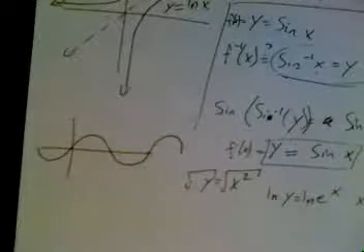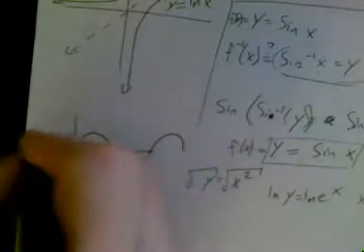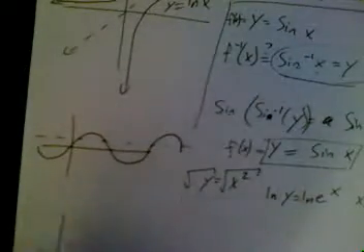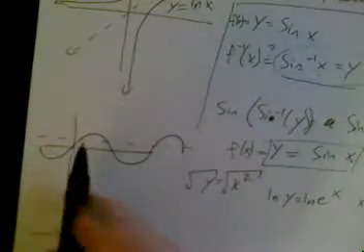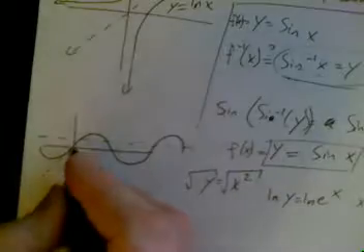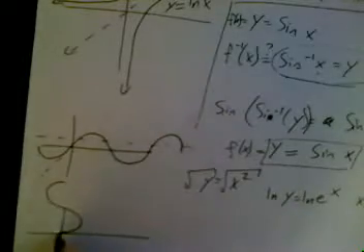You'll remember that for us to have an inverse, it must pass the horizontal line test. Because what am I going to do with this? I'm going to flip it over that y equals x line, and it's going to do something like this, so it's going to go like this in both directions.